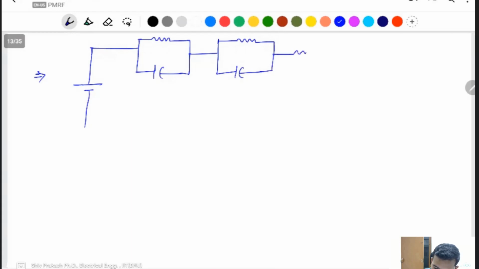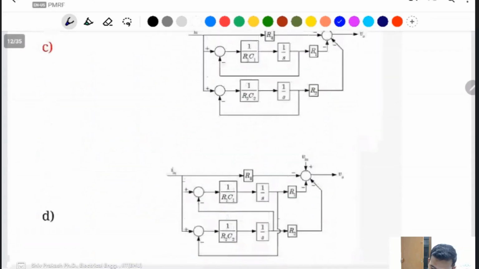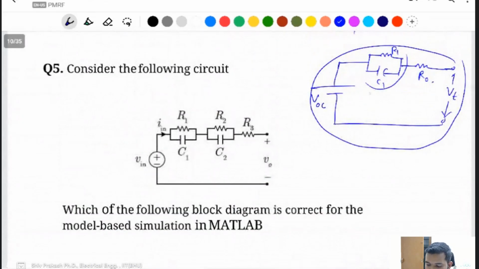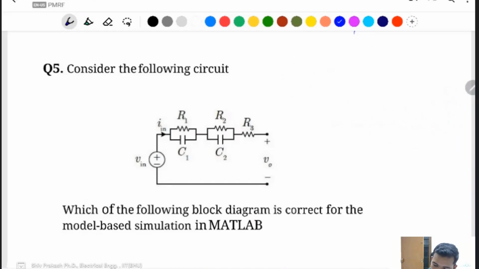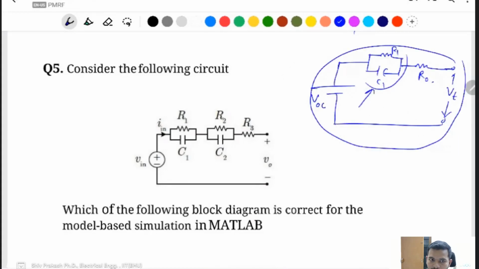Sir, you have said that in the equivalent circuit of the battery we have one internal resistance and then one RC in parallel. Yes, this one is simple with one RC, but you can apply more than one RC: 1, 2, and n number of RC parallel circuits.